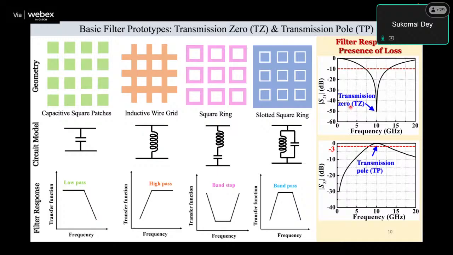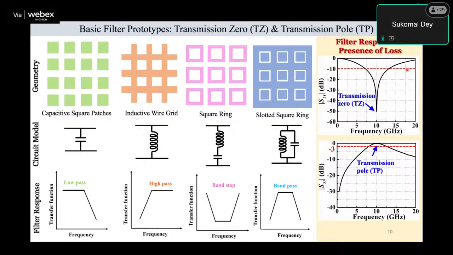Transmission zeros come when you are talking about the band stop response. This is your S21. In S21, whenever you see a band stop response, in most cases we consider the 10 dB line.